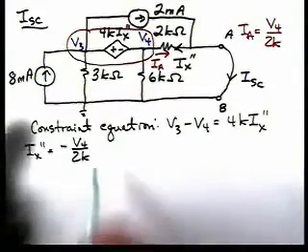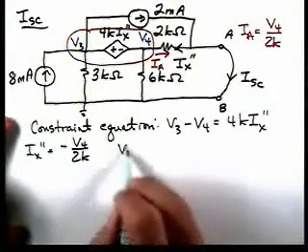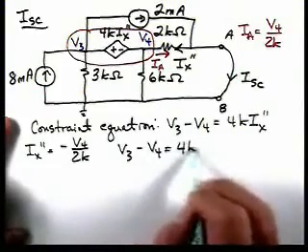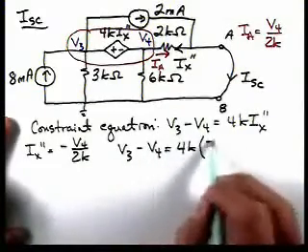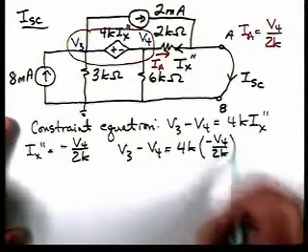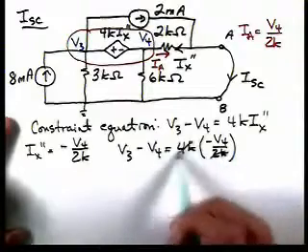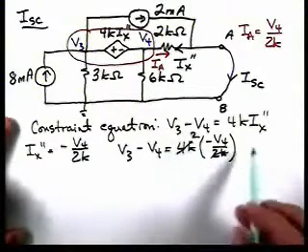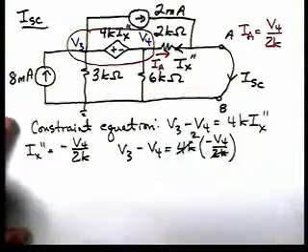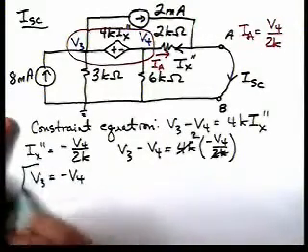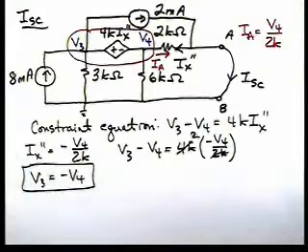So if we substitute this in, we'd have V3 minus V4 equal to 4K times minus V4 over 2K. And we cancel and get a 2. What we get out of this is that V3 is equal to minus V4. So our constraint equation tells us V3 is equal to minus V4.